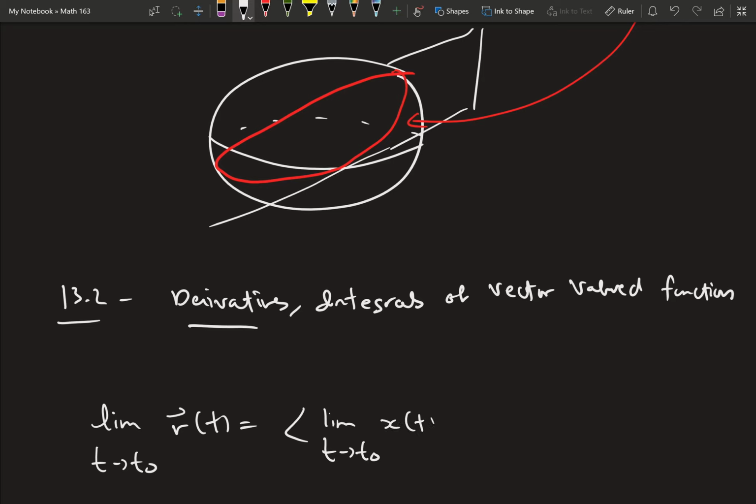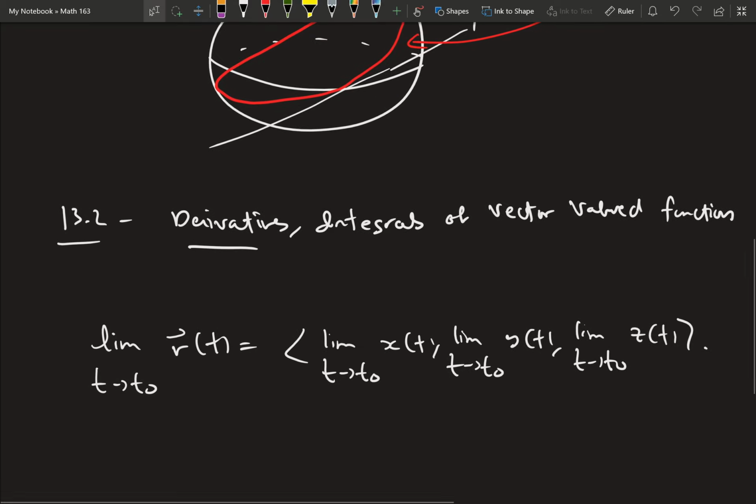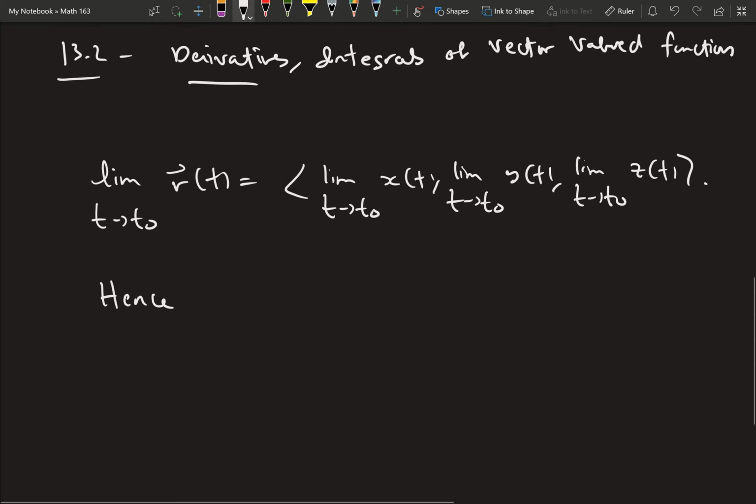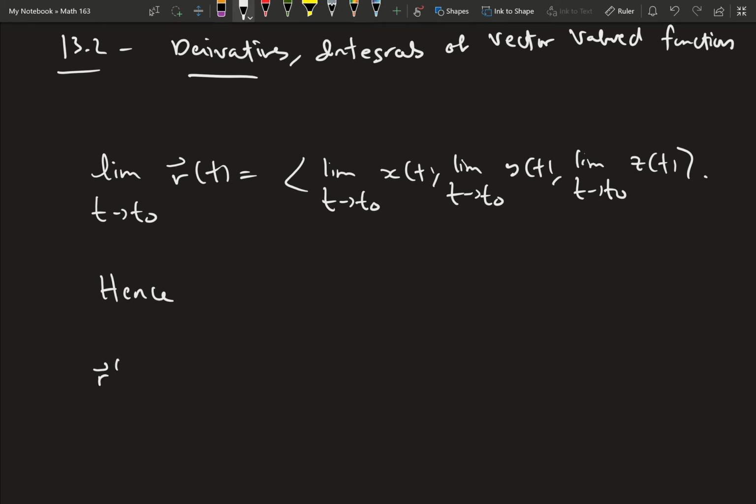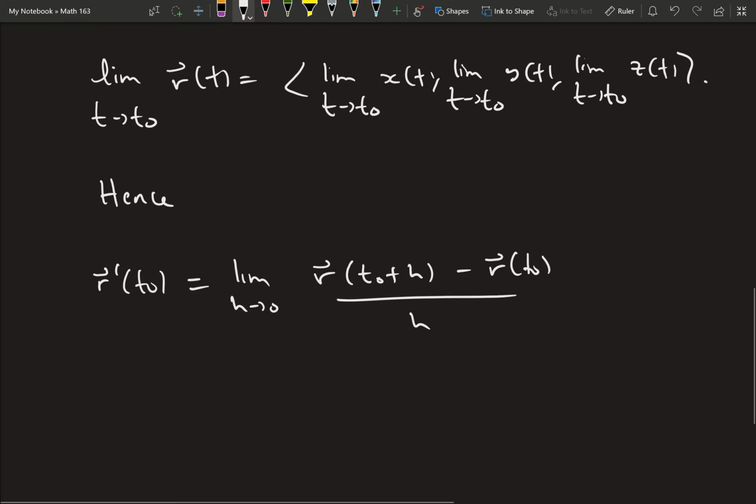So if you wanted to compute r prime of t naught, which was the limit as h goes to 0 of r of t naught plus h minus r of t naught divided by h, that would be the same thing applied to each component.